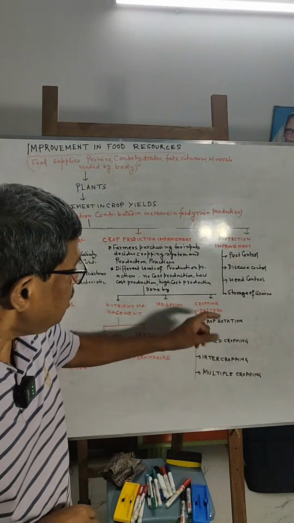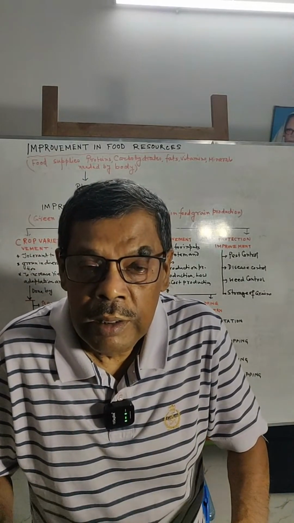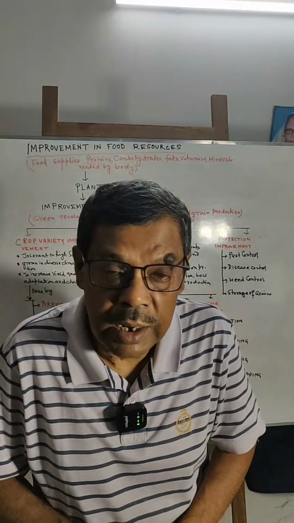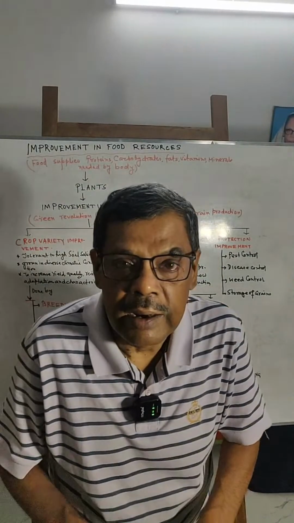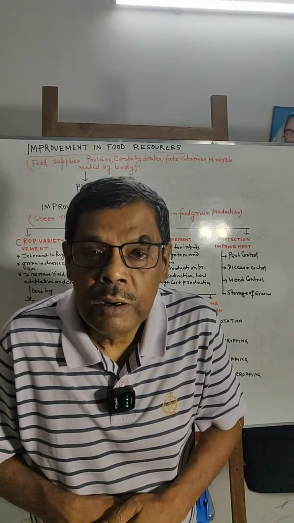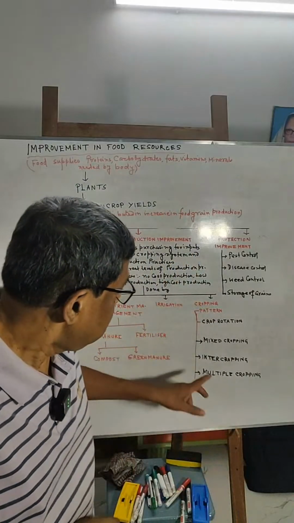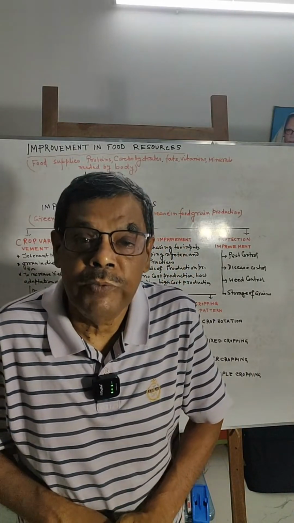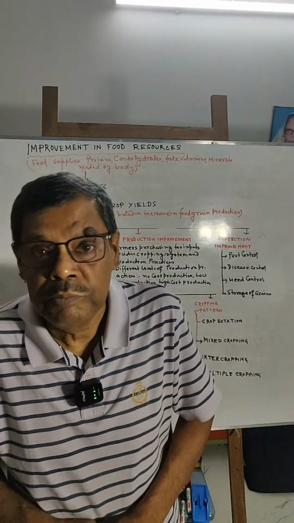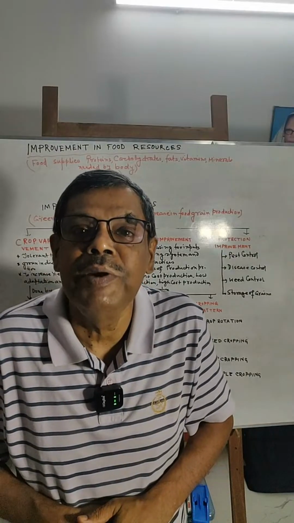Next, cropping pattern. There are several patterns of cropping for improvement of crop production. First pattern is crop rotation. In a year, several types of cropping are done one by one. Next, mixed cropping. Two or more varieties of crops are grown simultaneously in a field.